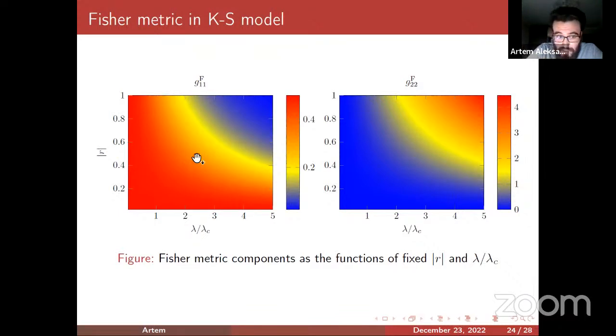In the non-synchronized state, the first diagonal component of the Fisher metric decreases in the synchronized state, whereas the second diagonal component of the Fisher metric increases in the synchronized state. So the statement is similar. We can see the phase transition for the Kuramoto-Sakaguchi model in terms of information geometry, in terms of the Fisher metric.